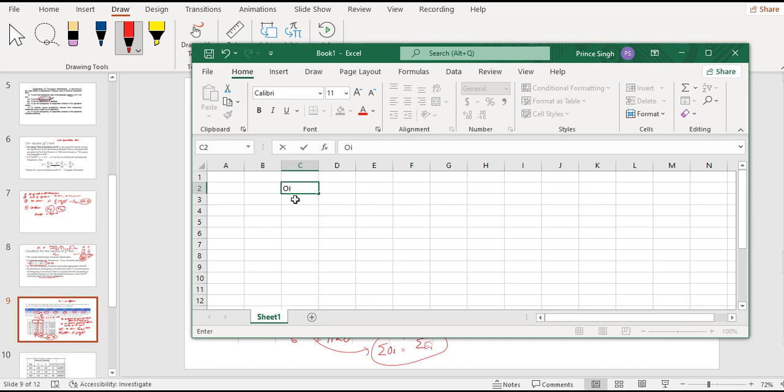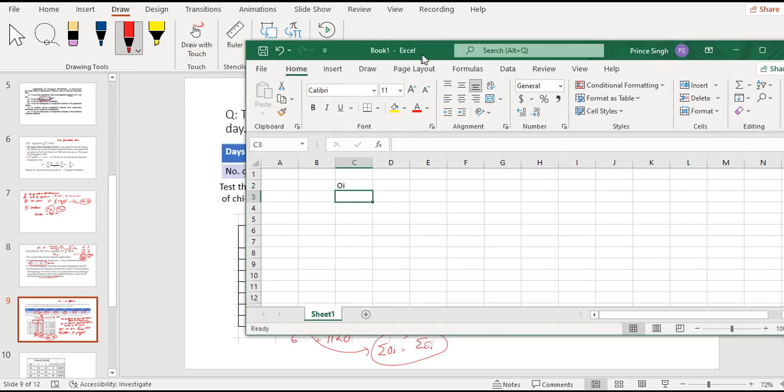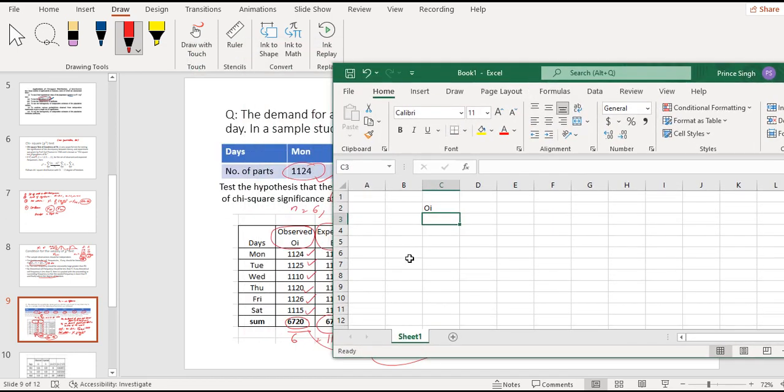It is 1124, then 1125. On Wednesday it is 1110 and on Thursday it is 1120. On Friday its value is 1126 and on Saturday it is 1115.